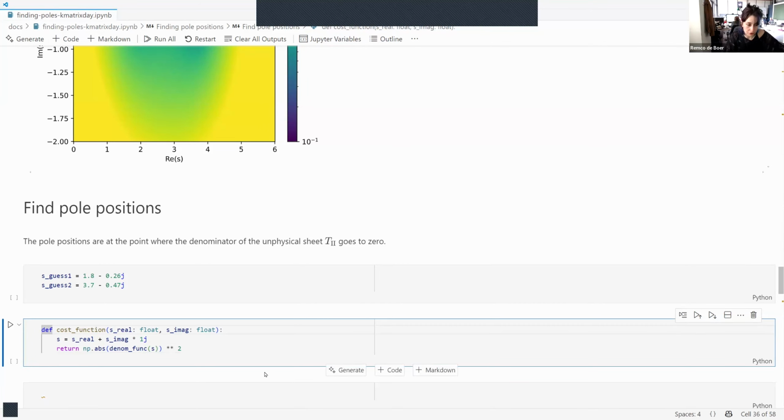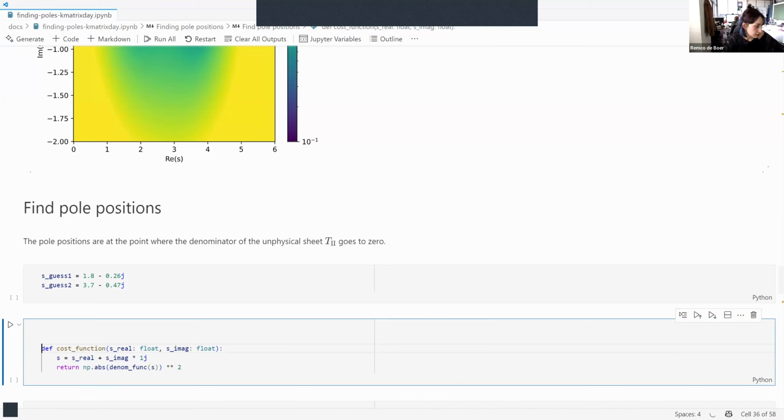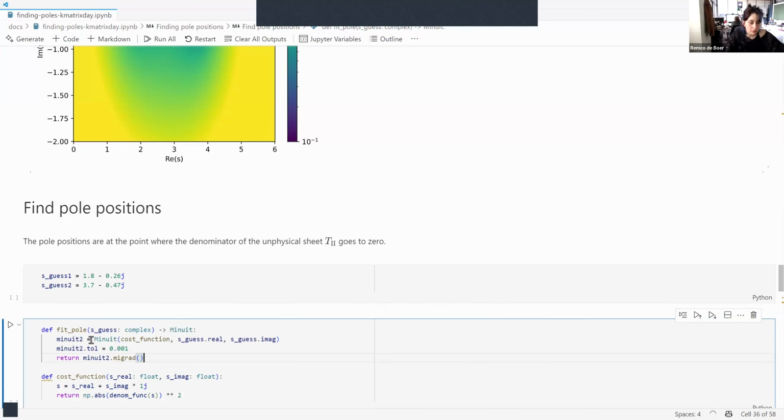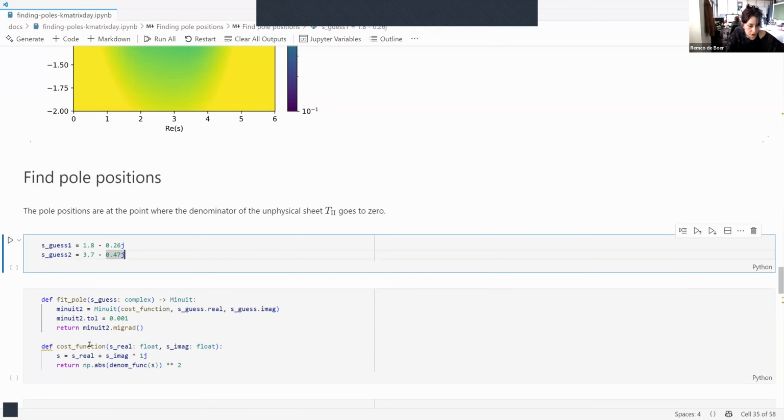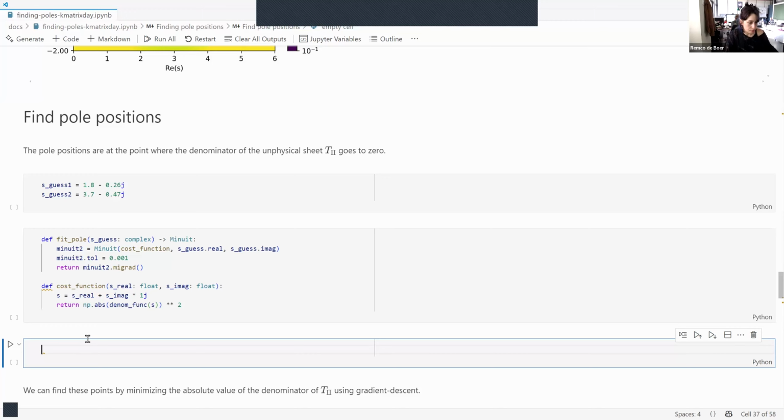So just to make this function accessible for Minuit. Then I will define my minimizer here. So here my Minuit is defined. I will use migrad. And now I can fit these pole positions with my initial guess. So let's fit the first pole.